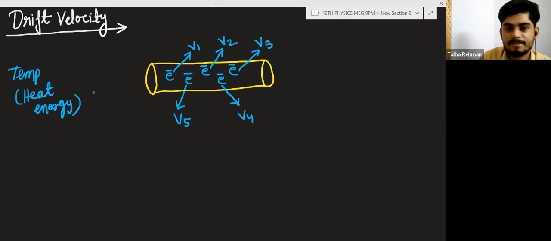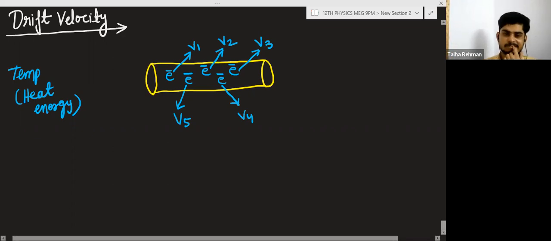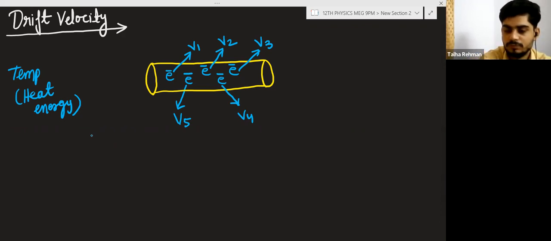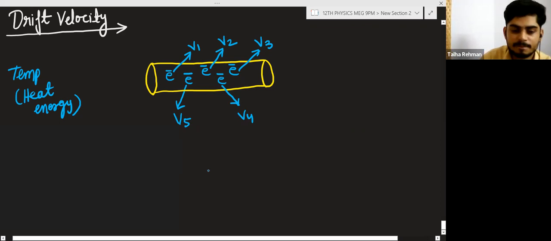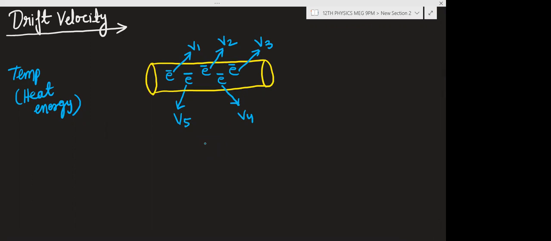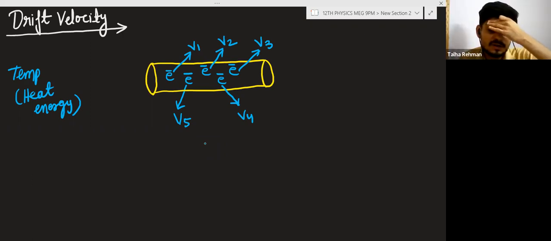This is all inside the conductor. We cannot see this, we can just analyze it.